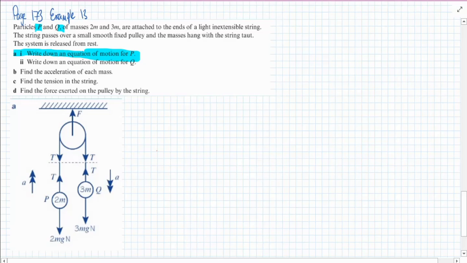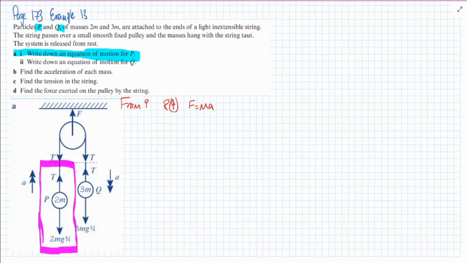Let's look at this from the point of view of P. We're going to resolve this in the vertical direction using Newton's second law of motion. From P, we go all the way up to our rope break, like that. Everything in that box is what I want to consider. So using force is equal to mass times acceleration, this has got to be bigger than this force here because it's moving in the direction of the biggest force.